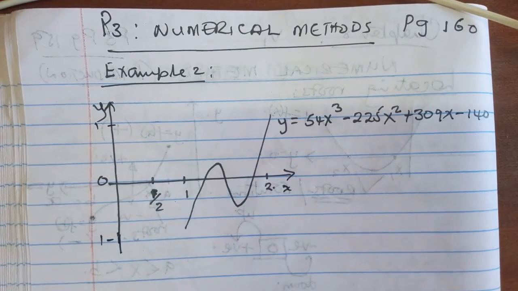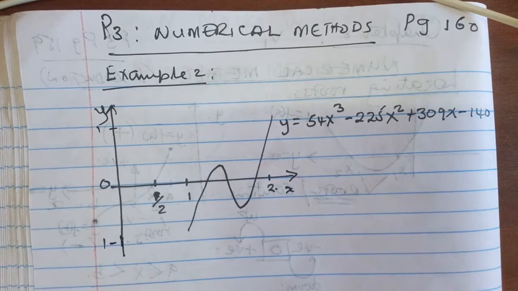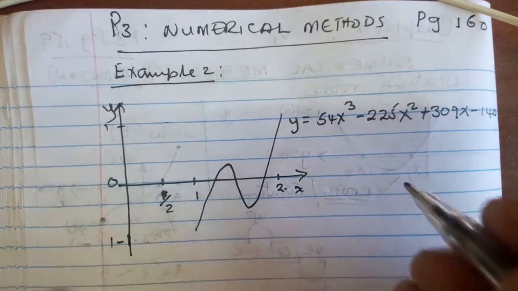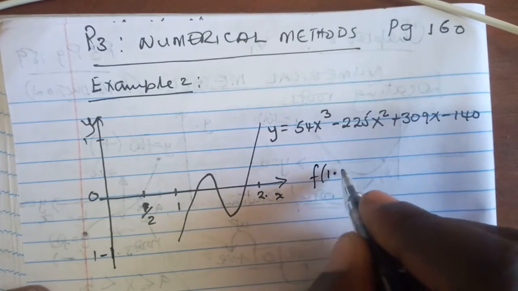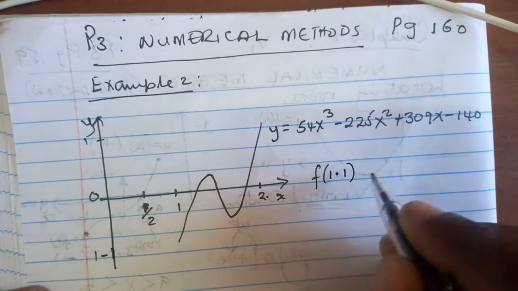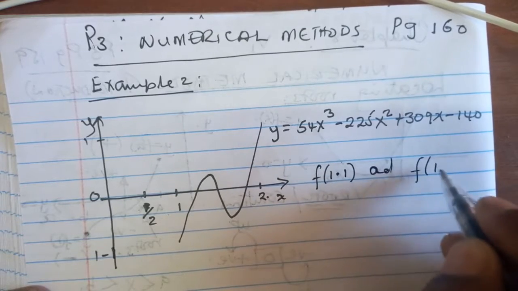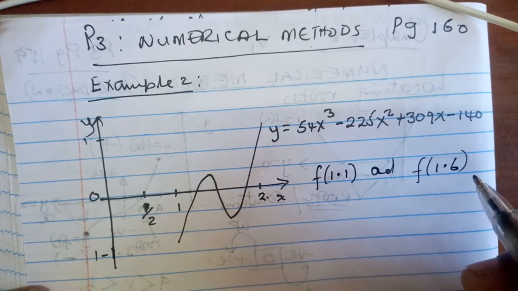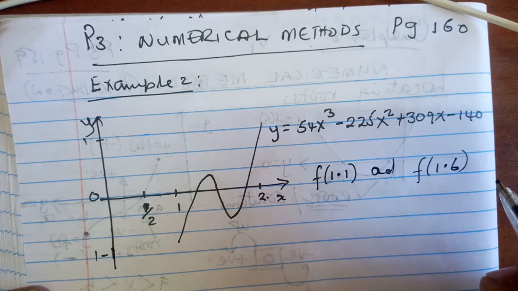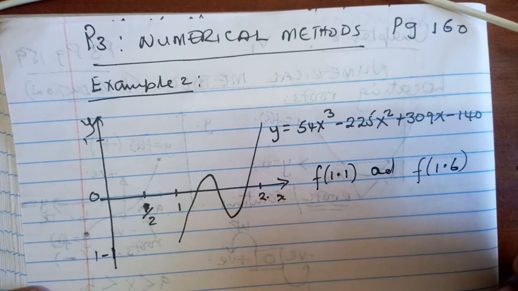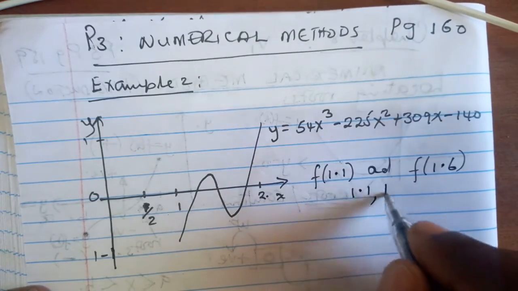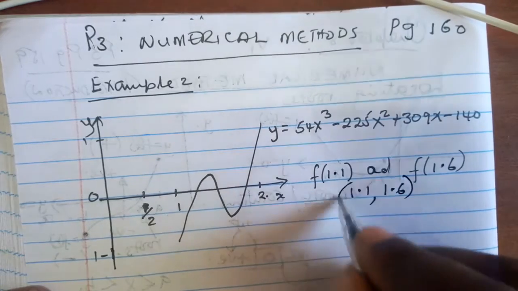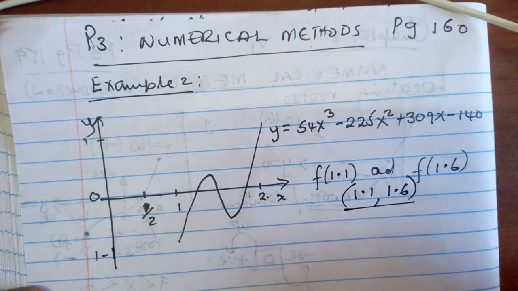Now, a student observes that f(1.1) and f(1.6) are both negative, and states that the function has no roots in the interval 1.1 to 1.6. It has no root within that interval.